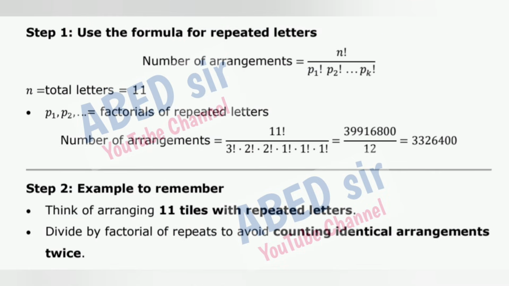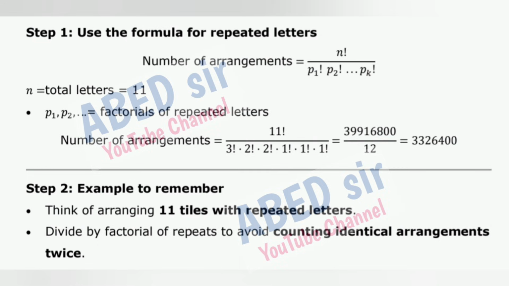Step 1. Use the formula for repeated letters. Number of arrangements is equal to n factorial divided by p1 factorial, p2 factorial, up to pk factorial. N is equal to total letters, which is equal to 11. p1, p2 and so on are the repeated letters' counts. Step 2. Example to remember.